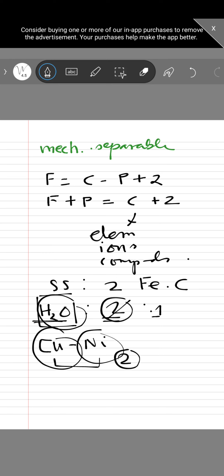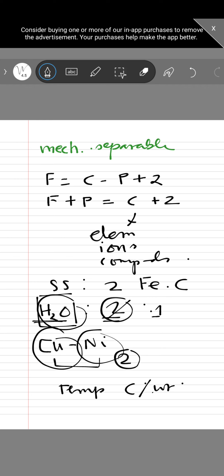Now, degrees of freedom means in what ways we can vary the phases. In the case of an iron carbon diagram, we have 2 degrees of freedom, that is temperature and carbon concentration, weight percentage. Likewise, you may have temperature, pressure, and different parameters which define a phase.